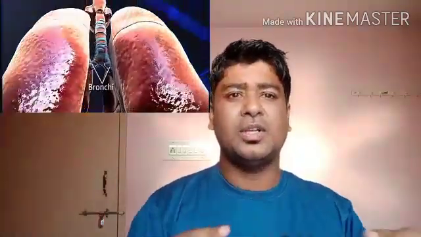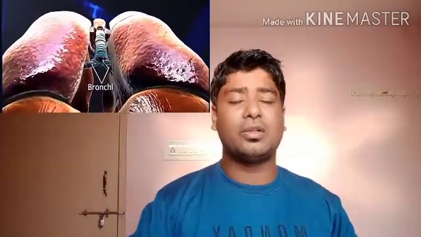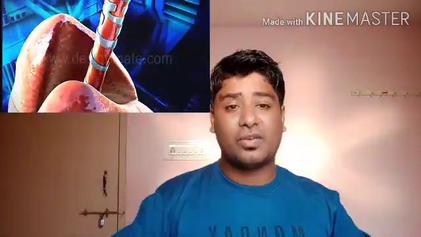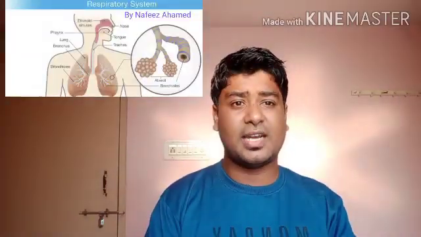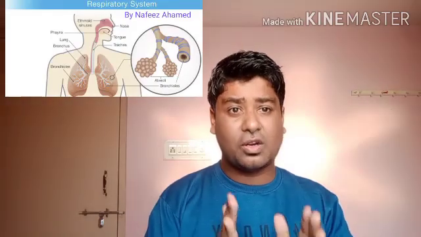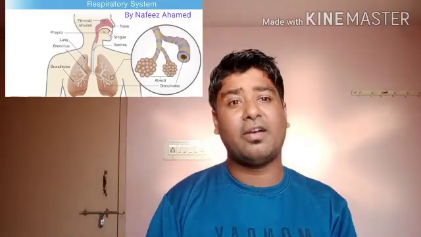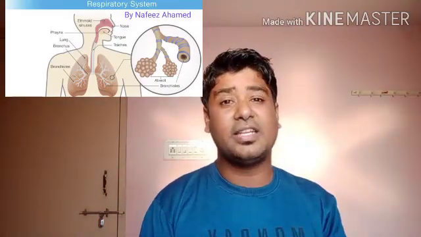Those lungs are connected by bronchi, small tube-like structures. Both lungs connect to a tube, just like the esophagus in the digestive system. Here we have the trachea, the tube-like structure from the lungs which connects to the external part. This trachea does not collapse because of the support of C-shaped cartilaginous rings.